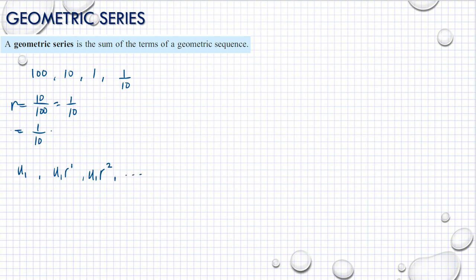And then u sub 1 r raised to n minus 1. That is u sub n. That's our u sub n. Okay? So our u sub 2 will become u sub 1 times r raised to 1. Okay, that's why we have n minus 1 there.